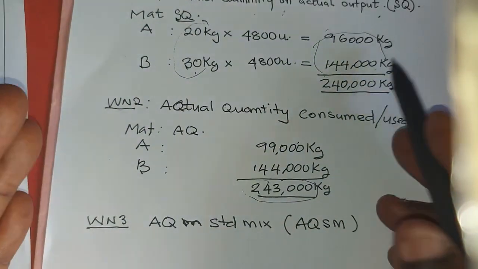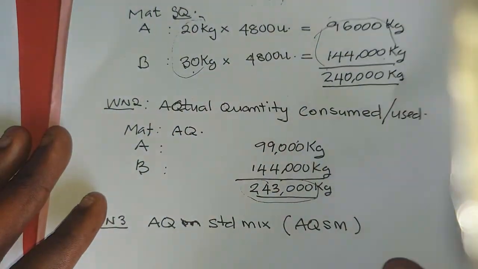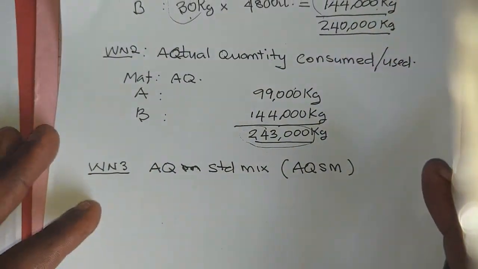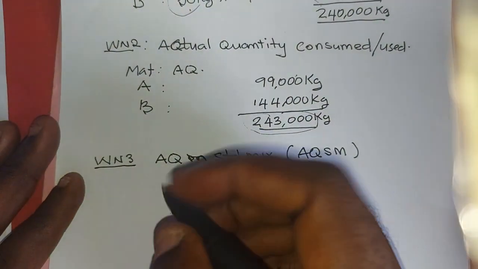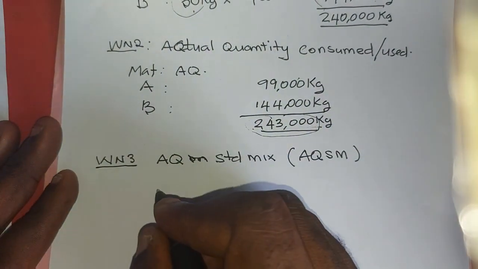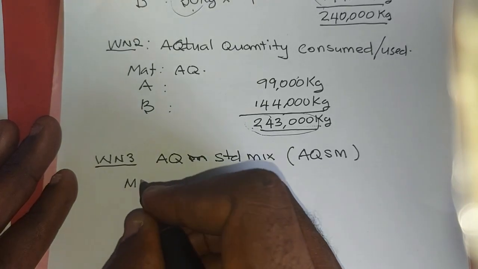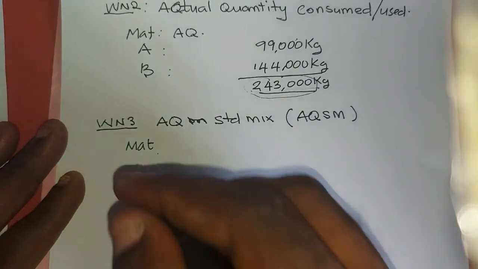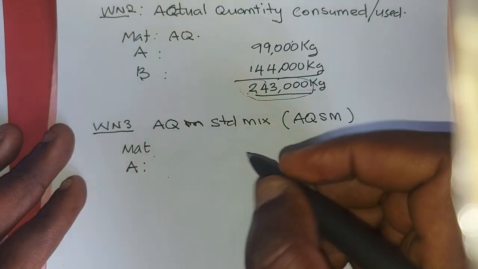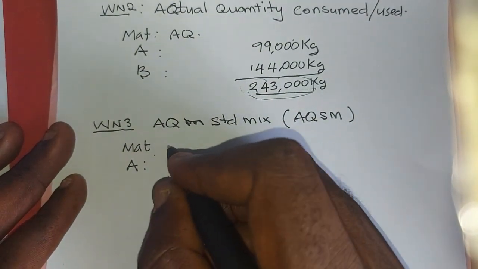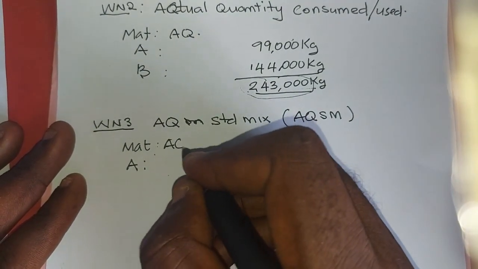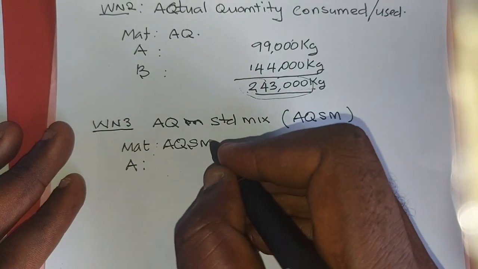Here you can use either of the two, you still get the same answer. Students should take note of that. So the actual quantity for material A, that is the actual quantity in standard mix.